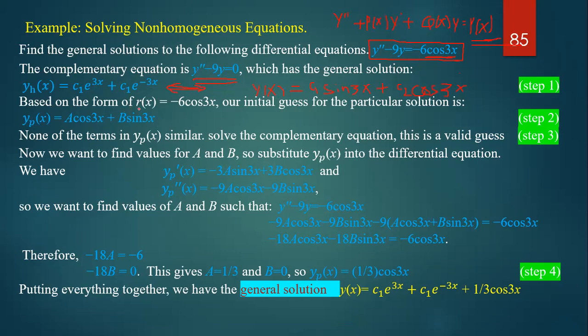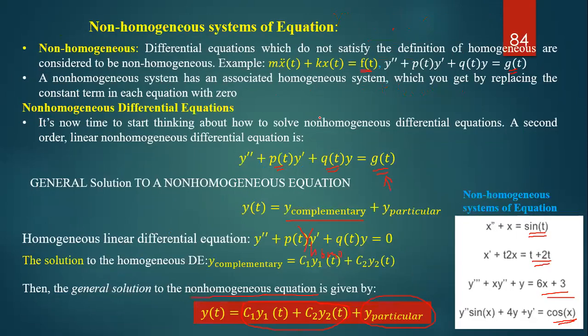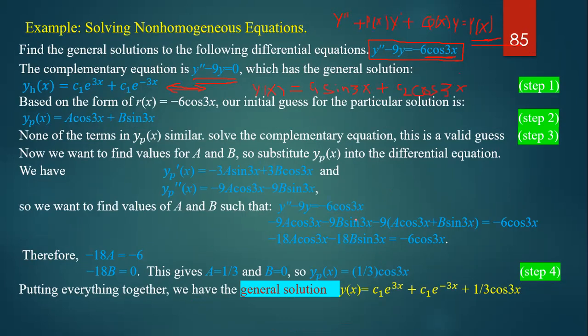Based on the function r of x, which here is minus 6 cos 3x, our initial guess, we are just guessing based on the existing r of x, is a cos 3x plus b sine 3x.